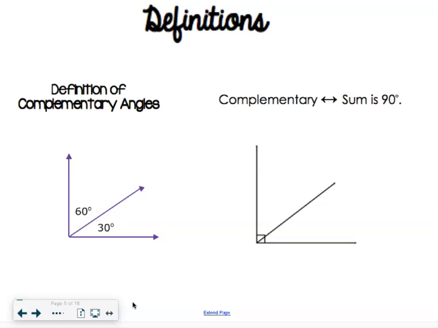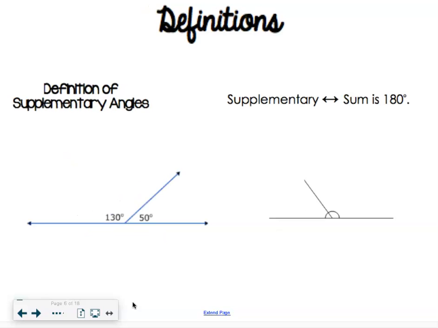So if you have a picture like this on your proof, you can automatically assume what? They're complementary. What do those pictures tell you? They add to 180. What else do we call that when they're connected and add to 180?